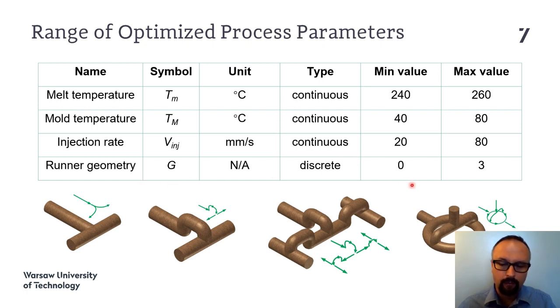Namely, we have values from 0 to 3, and 0 represents a runner geometry without any net flipper, just a standard runner, a standard branching of the runner. Geometry number 1 is the geometry with 1 net flipper, and of course number 2 represents 2 net flippers on 2 branches of our runners, and geometry number 3 is the so-called net flipper max, which is a circular correcting geometry of our runner, situated at the end of our sprue in the mold.